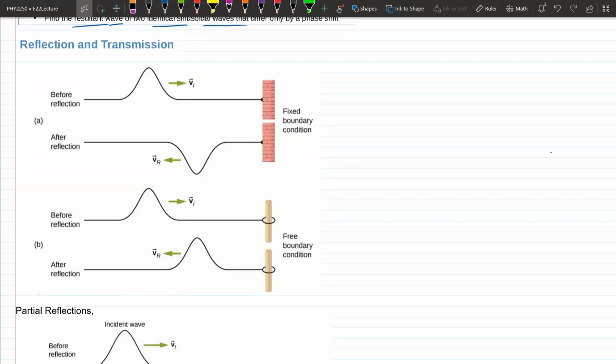You can imagine that when the string hits this, it's being pulled up, but since this is a fixed point, it cannot go up. It reflects that energy back downward. So when a wave hits a fixed boundary, it turns the wave upside down.